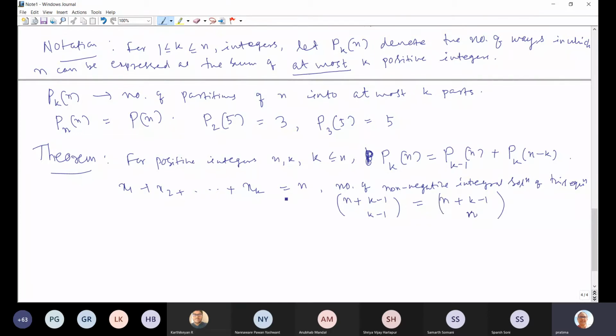So now I'll give the complete summary of the distribution of balls into boxes. It may happen that all your balls are identical and the boxes are distinct, or all the boxes may be identical and the balls may be distinct.